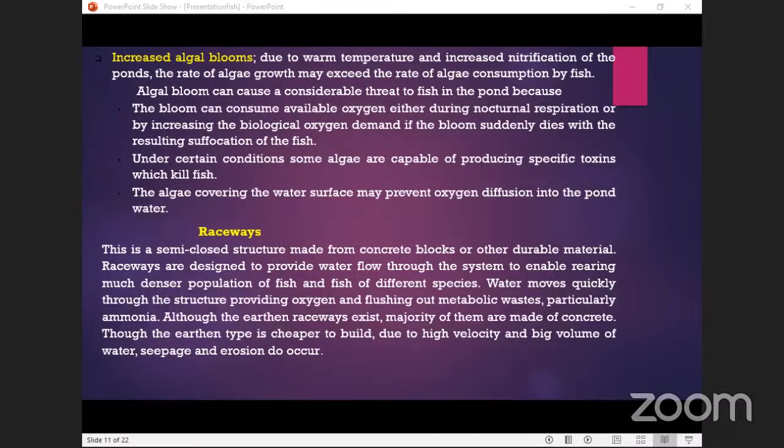The raceways are designed to provide water flow through the system to enable rearing much denser population of fish and fish of different species. Water moves quickly through the structure, providing oxygen and flushing out metabolic waste, particularly ammonia.